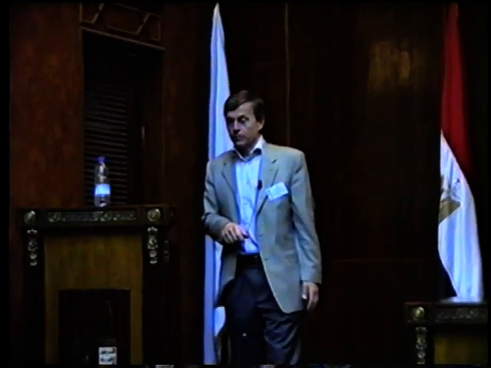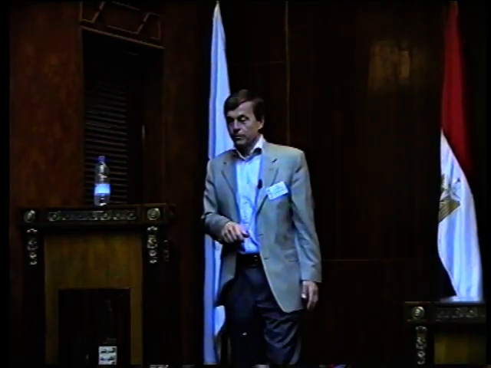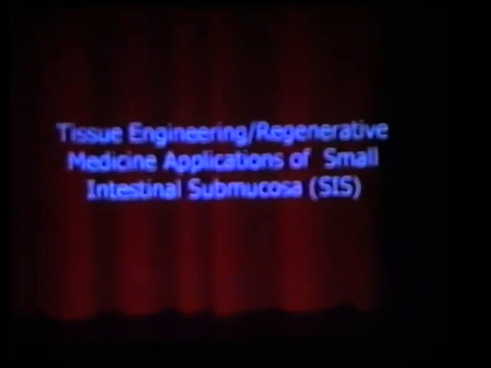So, Bob asked me to talk a little bit about the commercialization of this porcine-derived extracellular matrix that we call SIS, or small intestinal submucosa. And it's sort of an interesting story, at least it's interesting now. When you're going through it, it's a little bit different.